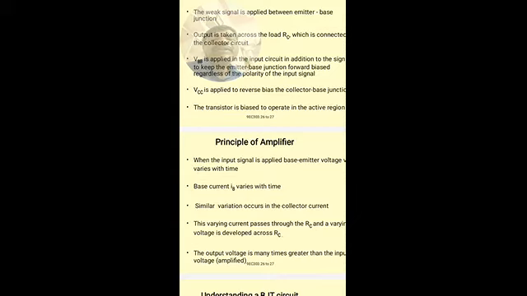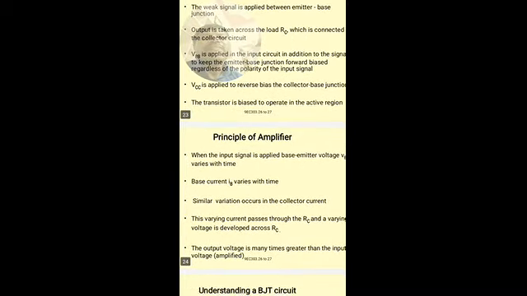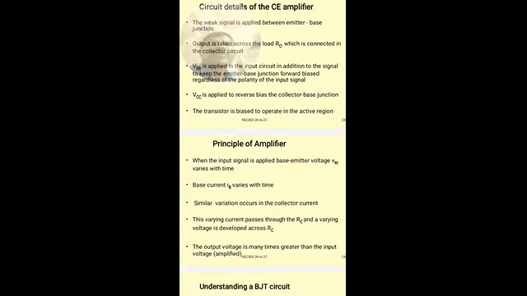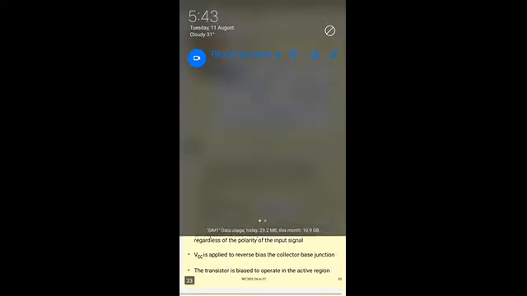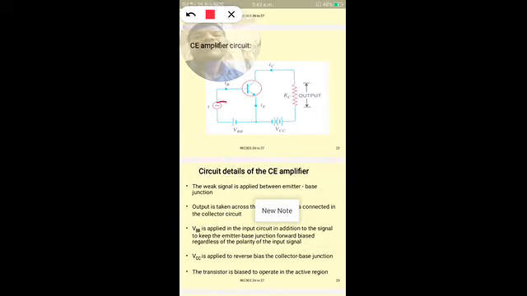The operation of an amplifier, the principle of the amplifier. When the input signal is applied, the base emitter voltage varies with the time, because the signal to be amplified is an AC signal. The base emitter voltage VB is varying with the time, because this is the input signal that is applied between the base and emitter terminals.